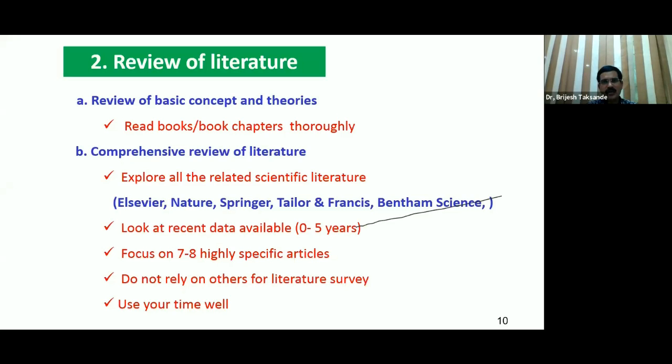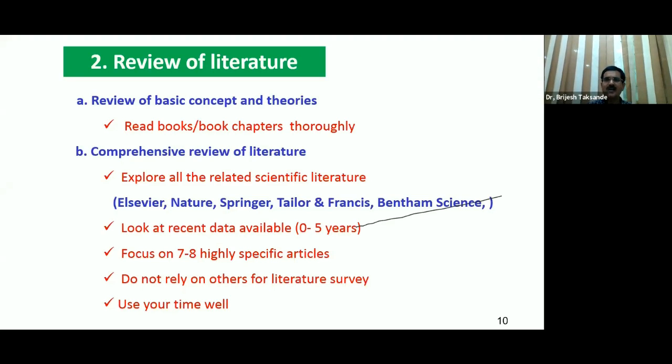Then comprehensive review of literature. Explore all the related scientific literature. This is very, very important. For example, for any chapter, any topic or any keyword given by your guide, try to find out everything related to it and restrict yourself to some reputed publishers. I'm naming those publishers. Restrict yourself to Elsevier, Nature Publishing Group, Springer, Taylor and Francis, and Bentham Science.